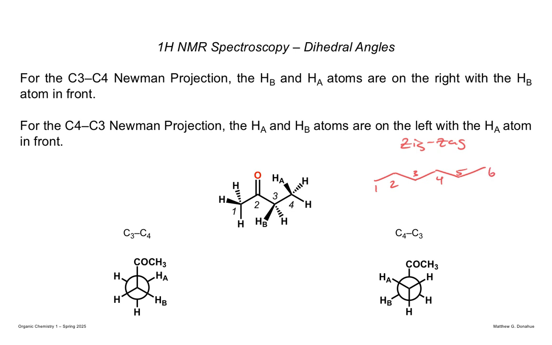In that chain, carbons 2 and 4 are up. 3 and 5 are down. So when you sprout off substituents on carbons 2 and 4, the substituents have to point up. So we would draw them in as a wedge and a dash. 3 and 5, they have to point down.